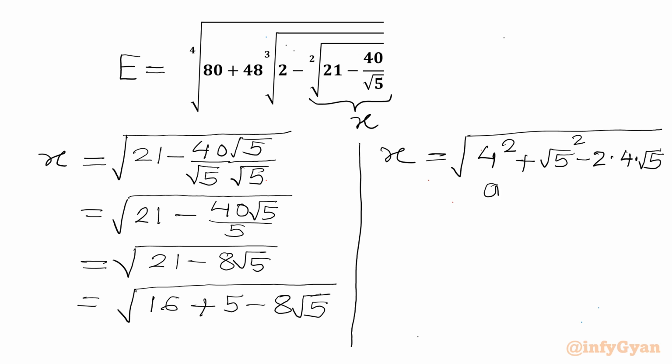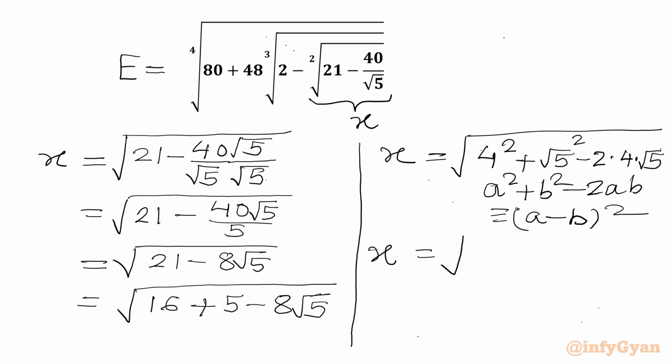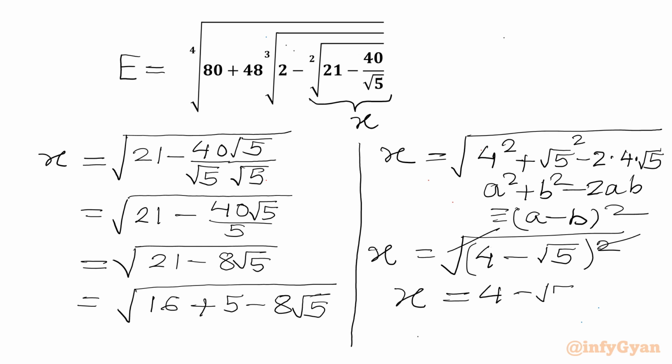Now this is the a square plus b square minus 2ab formula, so we can write it as a minus b whole square. So x will become the square root of (4 minus root 5) whole square. Now we can cancel the square root with the square, so x will become 4 minus square root 5.